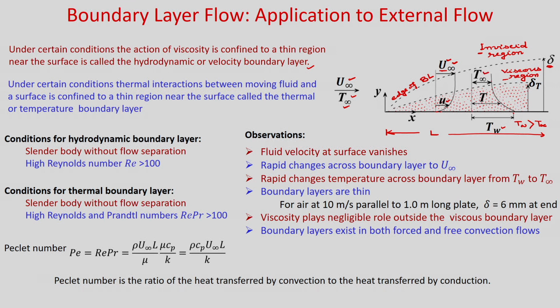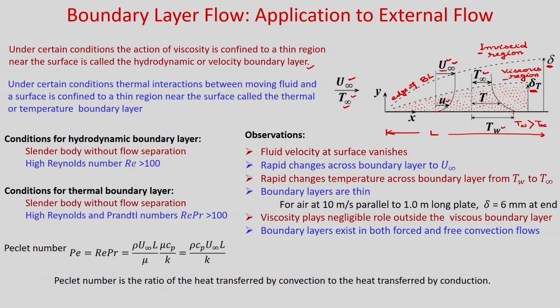The normal distance from the plate up to which you have the effect of this temperature gradient is known as the thermal boundary layer thickness, denoted as delta T. Inside this fictitious line there is a temperature gradient, but outside you have the free stream temperature T infinity.